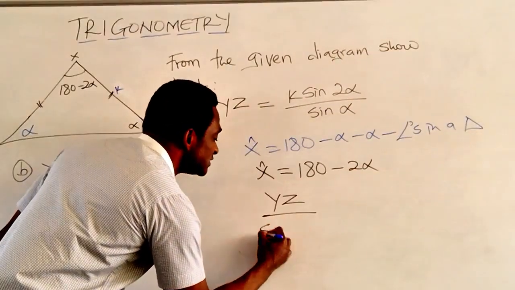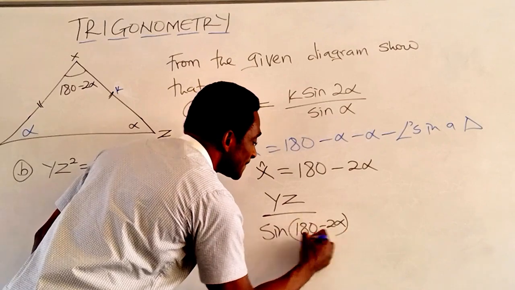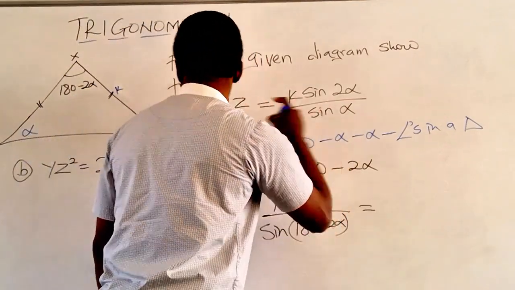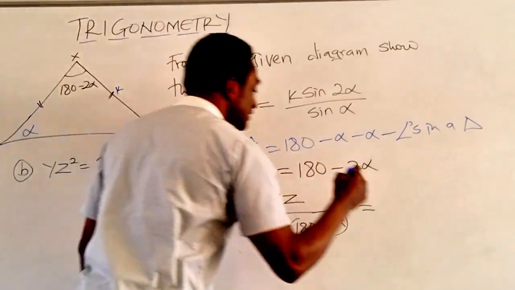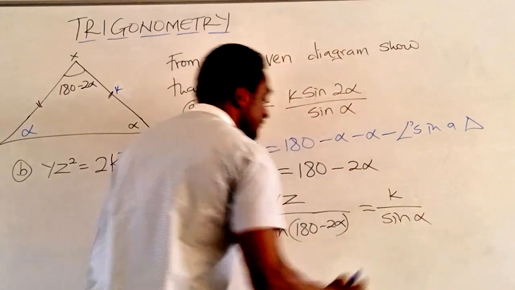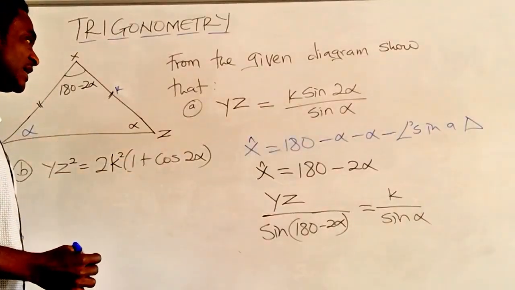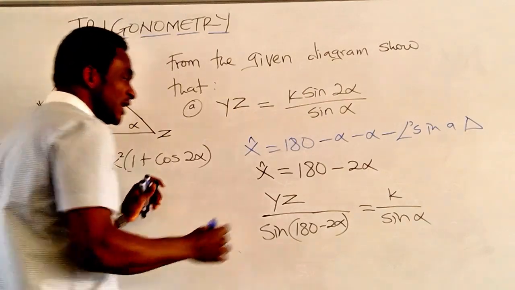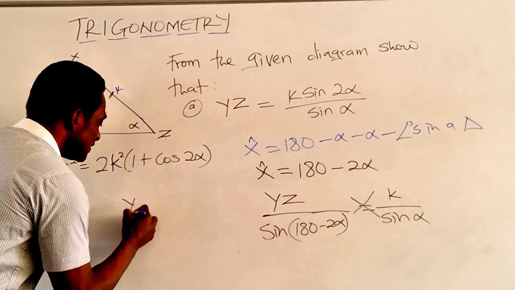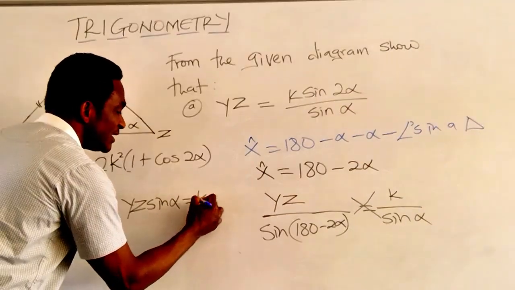YZ over sine of 180 minus 2 alpha, and then equals, you choose another side, k over sine of alpha. What do we do here? We cross multiply.